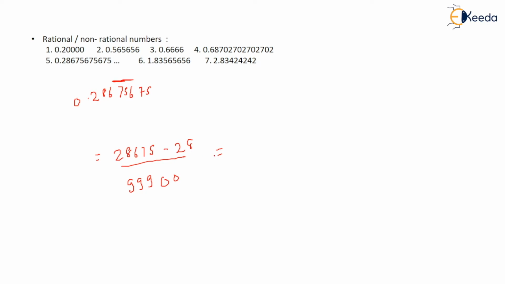So after solving this, the answer that you get is 28675 minus 28, that comes out to be 28650 upon 99900. Okay, so this is the form that you get if you further solve it.